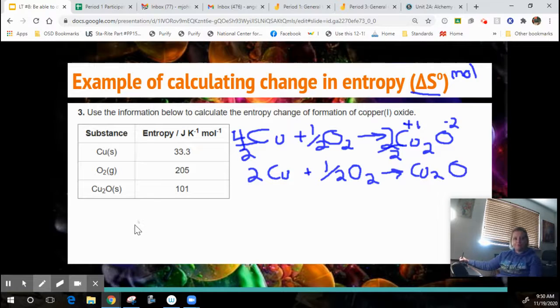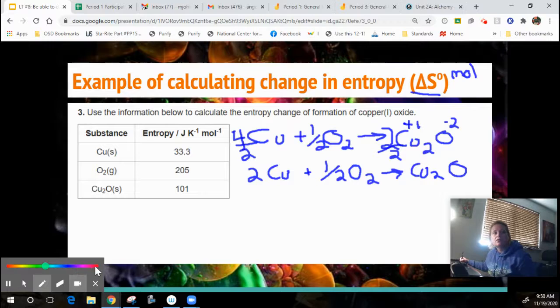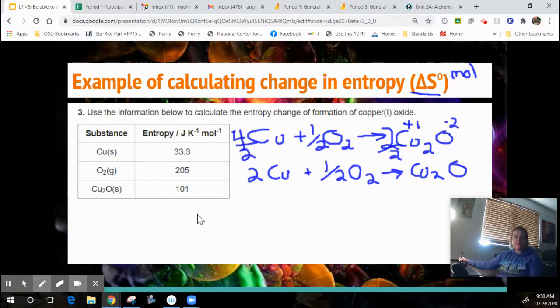So now I'm ready to use my values to calculate the entropy change. So I got the entropy change is going to be the sum of the entropy of the products minus the sum of the entropy of the reactants.